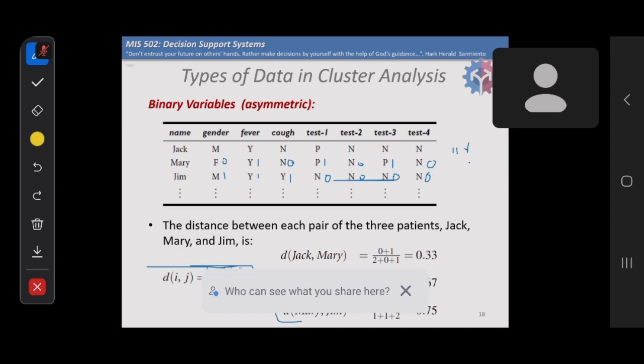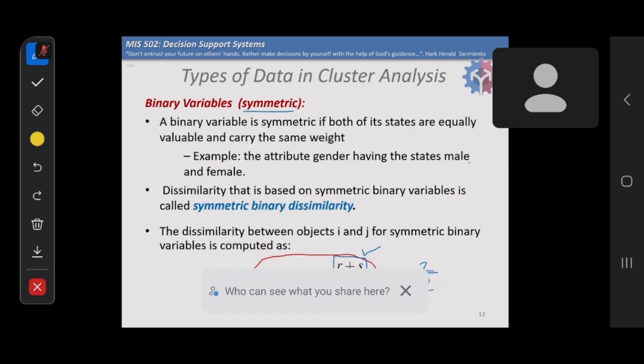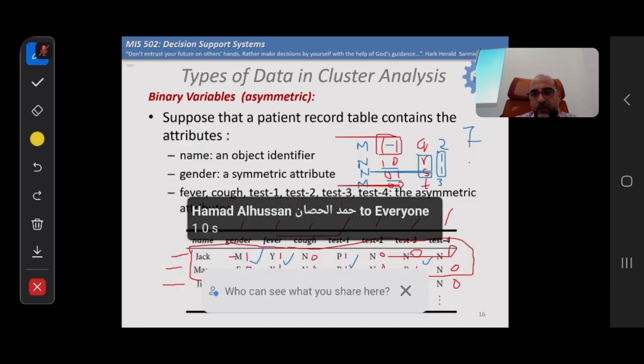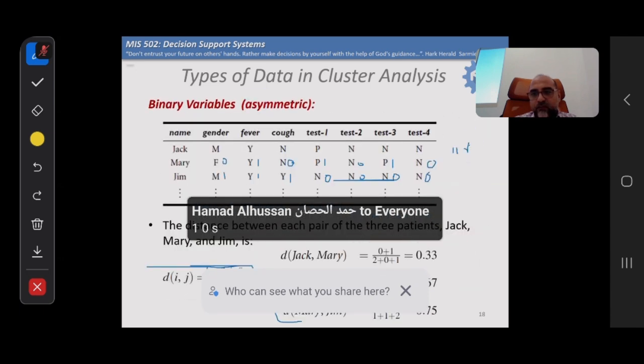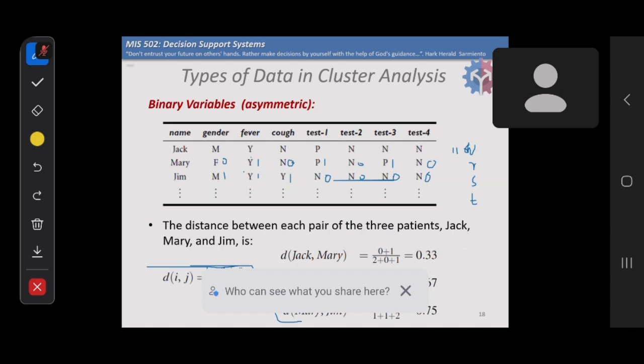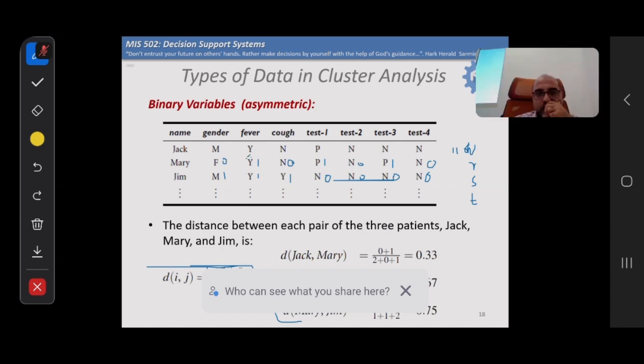Let's look at the formula again. It is Q, R, S, my bad, these are the three things, right? T we are ignoring. So how much Q do you find? Only one, which is the fever.